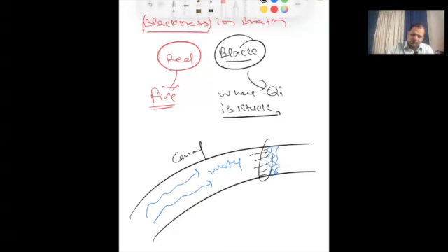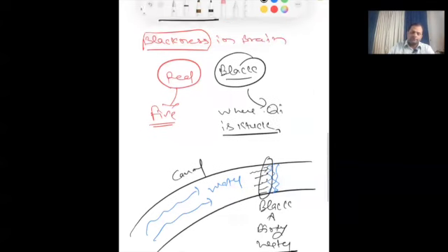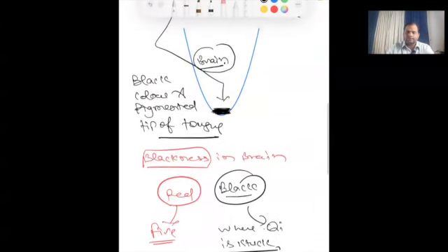Then this water will look black and dirty because of stagnation of the water flow. So black is the color of stagnation, and if we see black in the tongue, it is showing the energy is not flowing in that part.